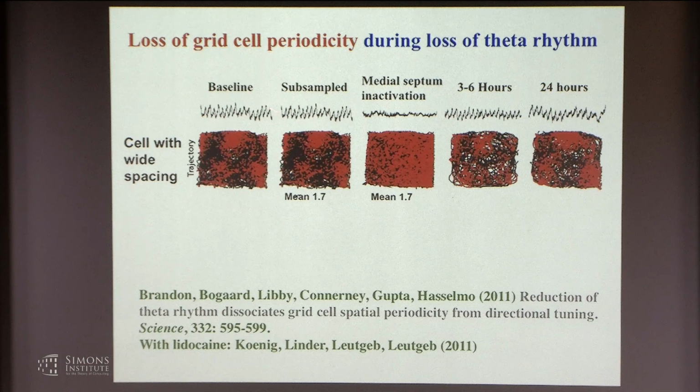So he had recordings of theta rhythm in the baseline condition during recordings of nice spatial periodicity in individual entorhinal grid cells. And then he performed inactivation of the medial septum with the GABA agonist muscimol and saw a loss of the theta periodicity and the loss of the spatial periodicity of the grid cells. And then as the theta frequency comes back, you see a regaining of the spatial periodicity of the grid cells.